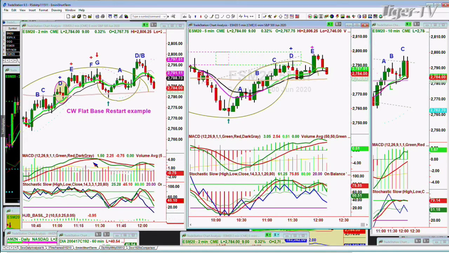Remember, I spoke about the technique called the ChapmanWave instant restart, where at a peak D on the way up, if within 3 bars there's another higher bar, you can have an alternate count. But there's a particular one that I call the ChapmanWave flat-based restart. These names sound cumbersome, but they are explanatory in their effect.